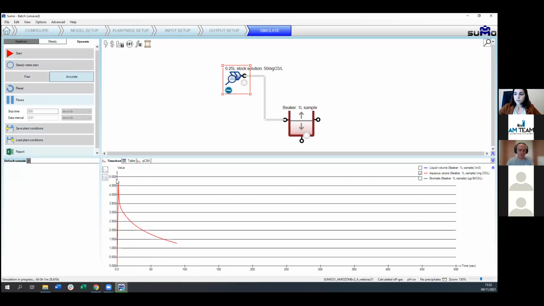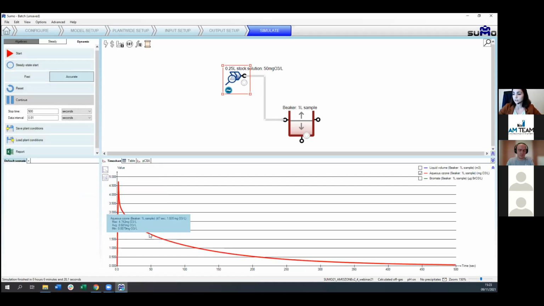What we see is that we reach a lower ozone concentration in the beaker, in the liquid phase. Why? Because while we are injecting, the ozone reactions are happening, so at the same time the ozone is being consumed. We see again the same pattern, with a drastic drop and a slower ozone decay afterwards.